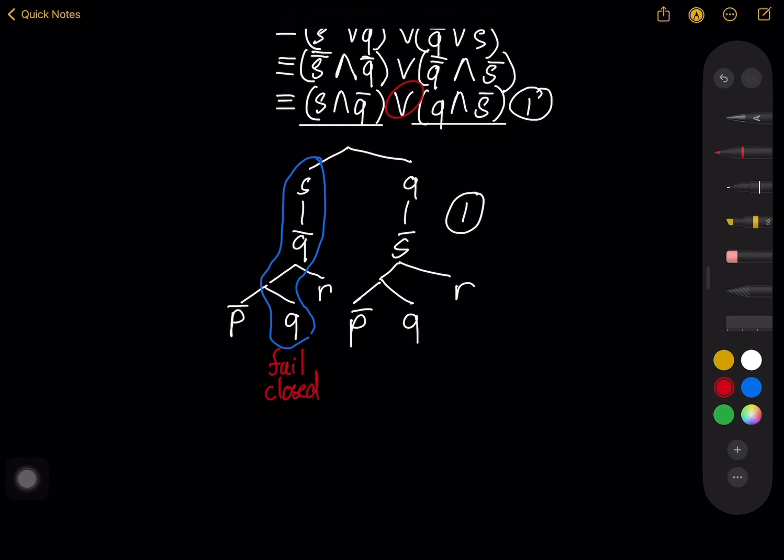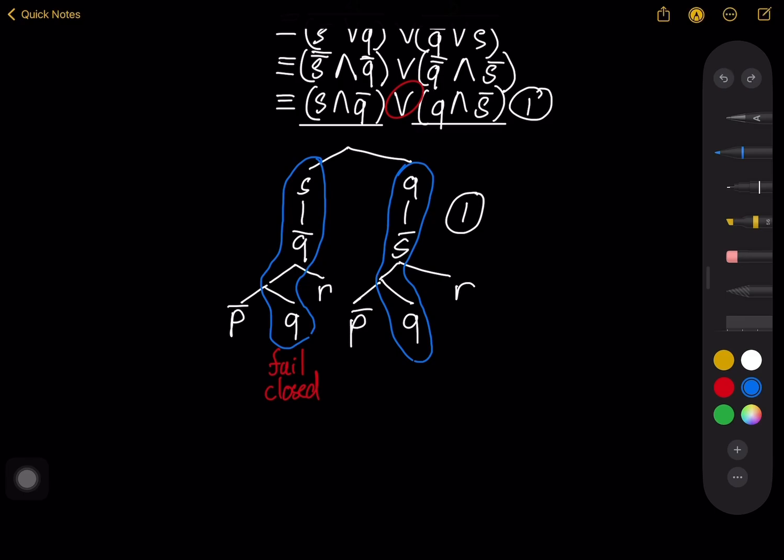Okay, how about the right branches? Is there any contradiction? No, right? Okay, but we see this one. We have Q and not Q on the top.